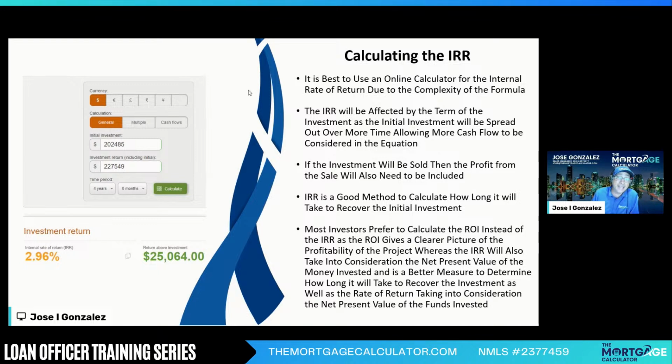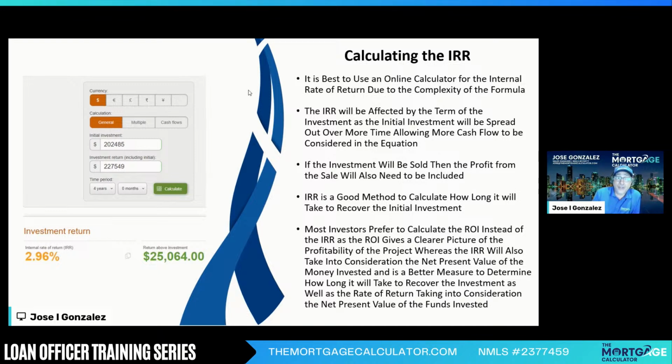I mean, you can estimate it, so you'll have an estimated internal rate of return, but is that a realistic figure? Really depends, especially with real estate, right? I mean, property values go up, property values go down. Again, that's why investors tend to like more the return on investment rather than the internal rate of return.